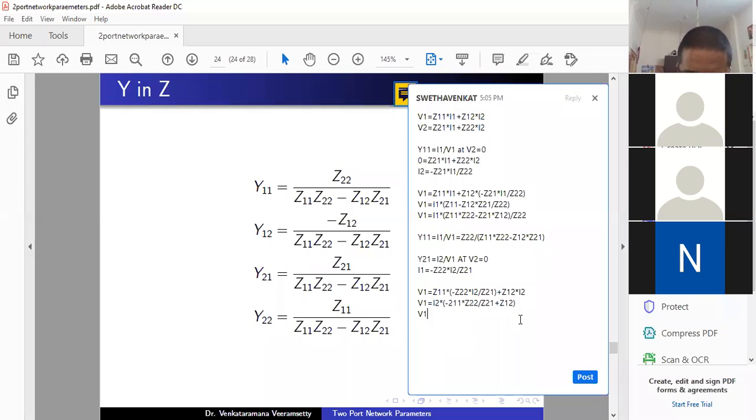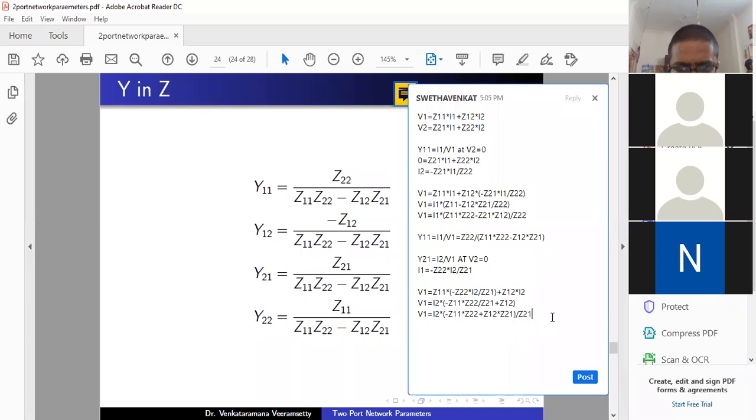So this is further simplified as V1 equal to I2 multiplied with, taking the LCM, minus Z11 multiplied with Z22 plus Z12 multiplied with Z21, right? Divided by Z21. I'm just taking the LCM.